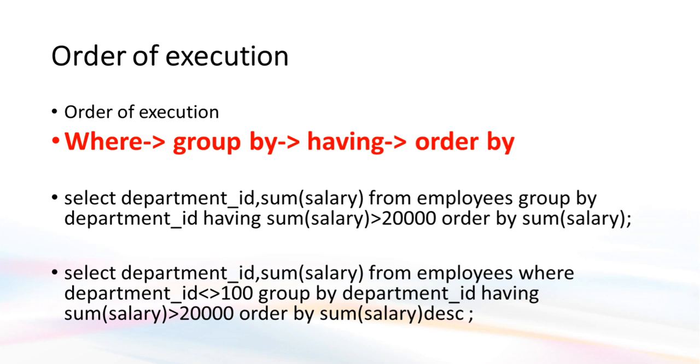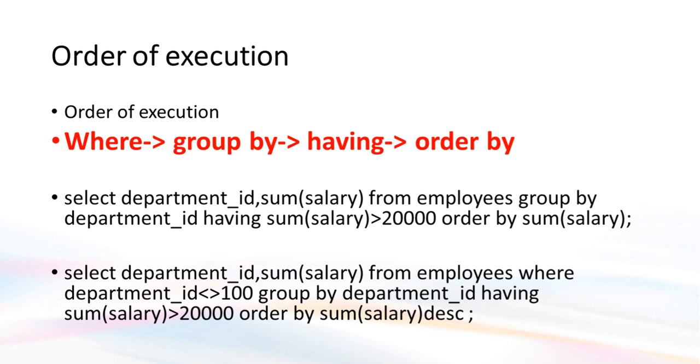Once we have retrieved all the rows, then we need to say either ascending or descending order on which column. The column is not only department ID; even a function acts as a column name here. So here I am saying order by sum of salary. First group by, having, then order by came.